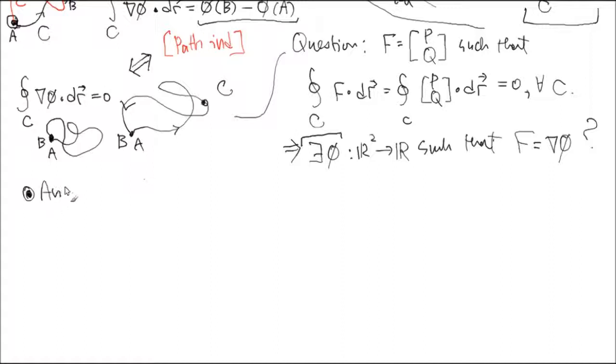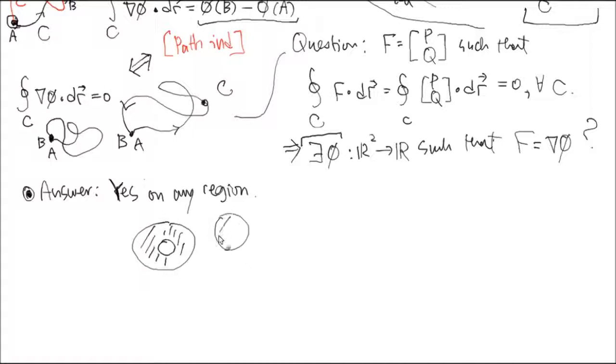The answer is yes, and especially this answer holds on any type of region, in particular whether it has a hole in it or not, whether it is completely filled in, simply connected or not. The path independence property will give you a conservative vector field condition.